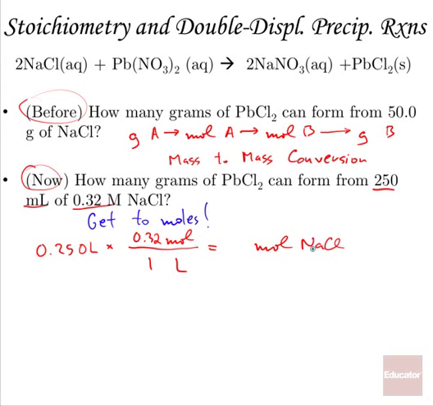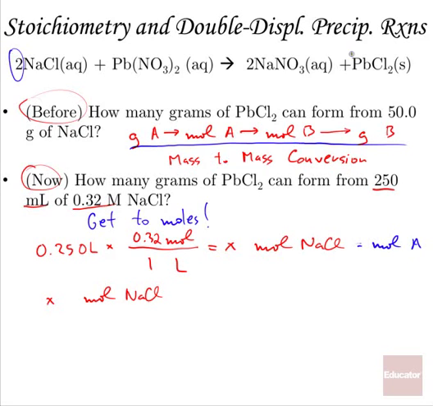Now, what we want to do again is grams of A to moles of A to moles of B to grams of B. Okay, we're still going to follow that flow chart. So now this is really our moles of A. Okay, so now we're going to get to moles of B. So we're going to take X moles of NaCl. And everybody remember how we get the mole-to-mole ratio? It comes from the balanced chemical equation. So 2 sodium chlorides to 1 lead 2 chloride.